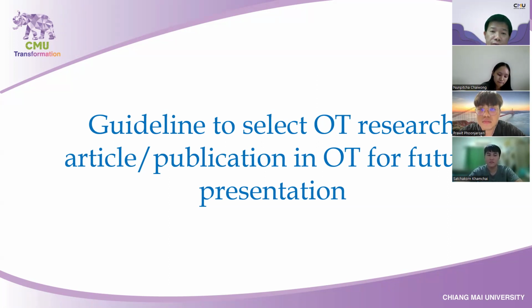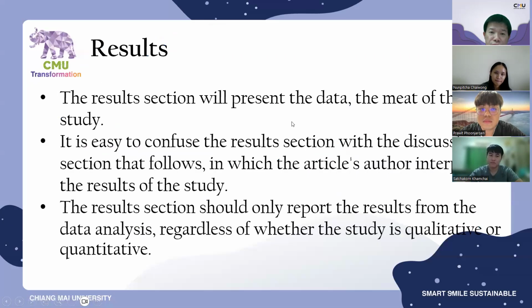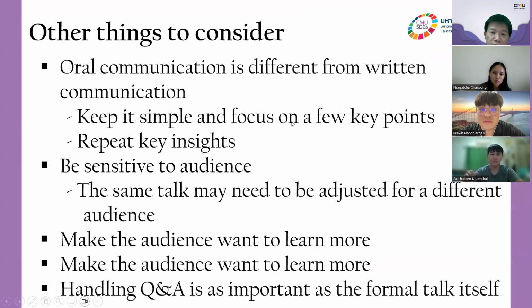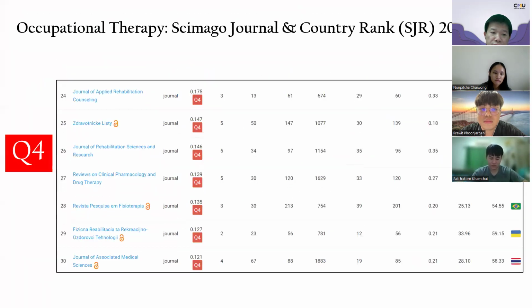Okay, now we got around, I'm going to show you, 30 journals from 2014 to 2024, including the new one we are very proud of, JAM, or Journal of Associated Medical Science.